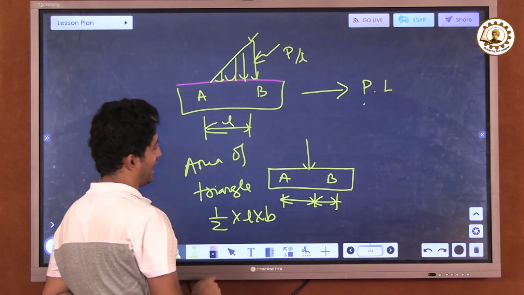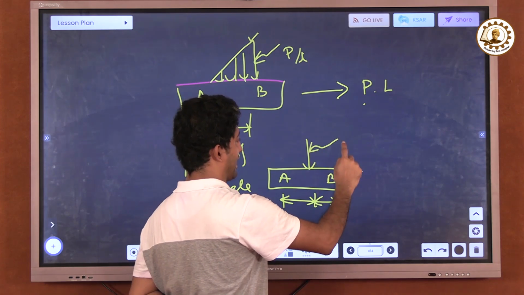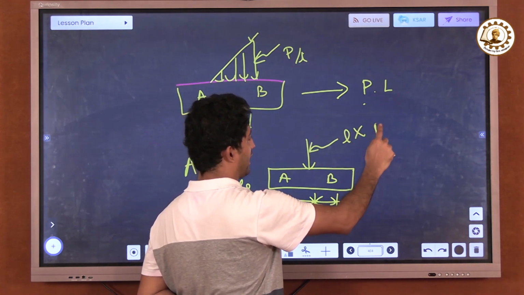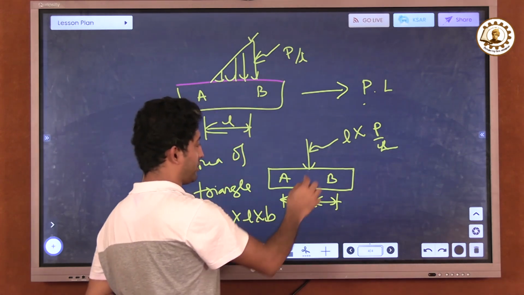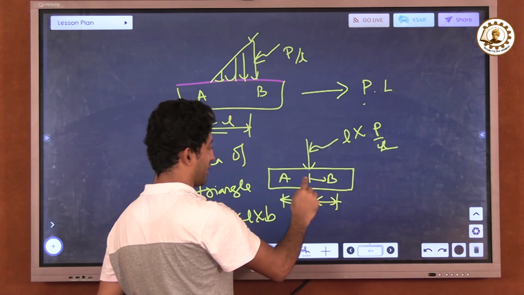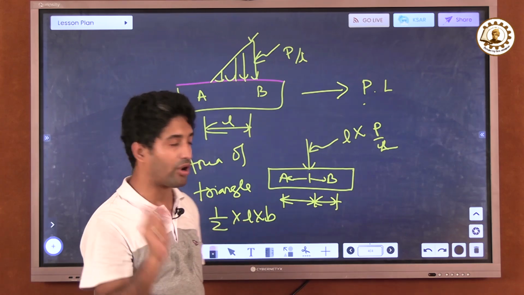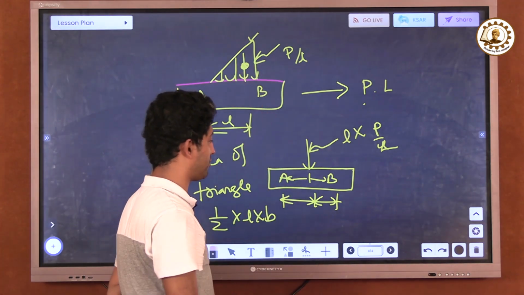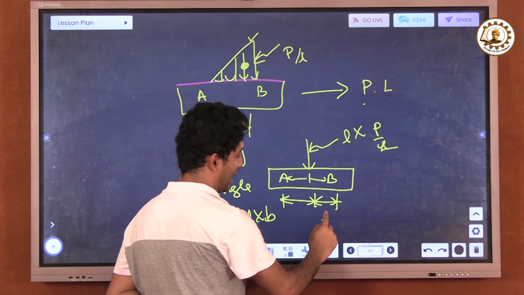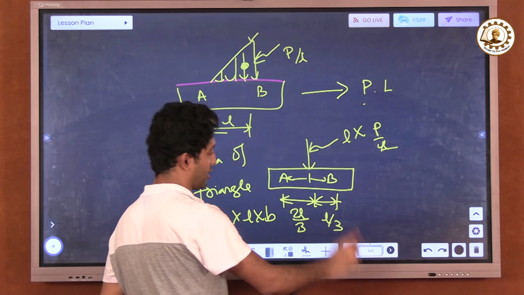What is the length? L, and what is the base? P per L. So what I can write is half L into P by L. Now, what would be the point where the load will be acting? The most important part is that the load will be acting on the centroid of the triangle. What is the center of the triangle? That would be L by 3, and that would be 2L by 3.